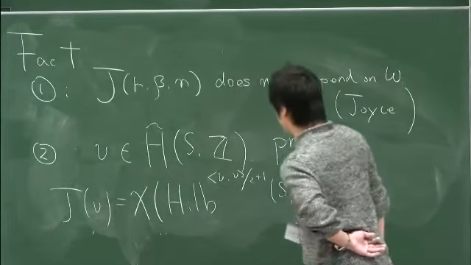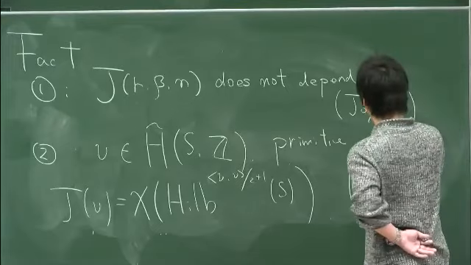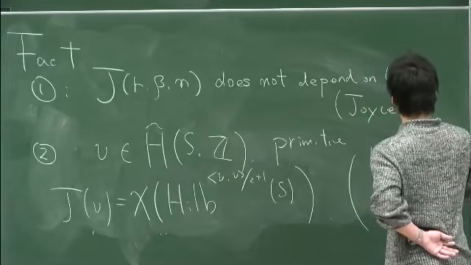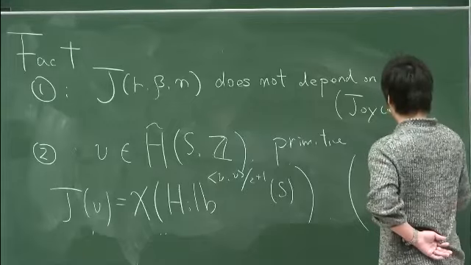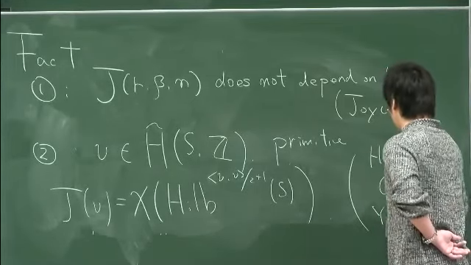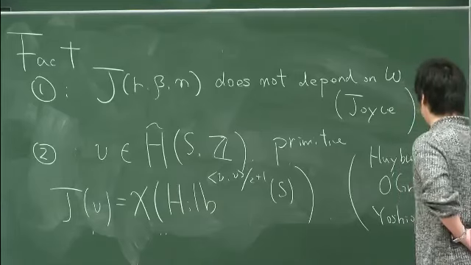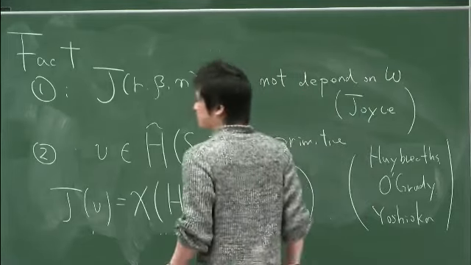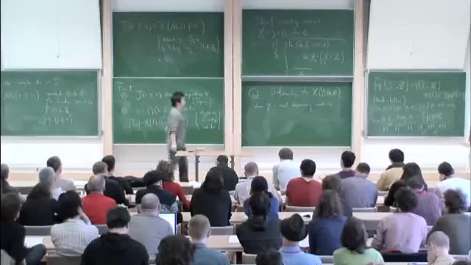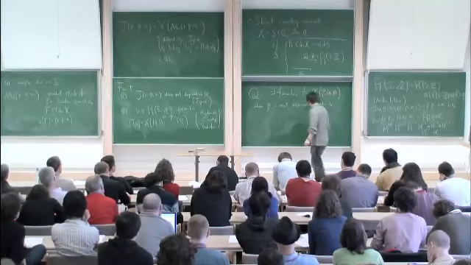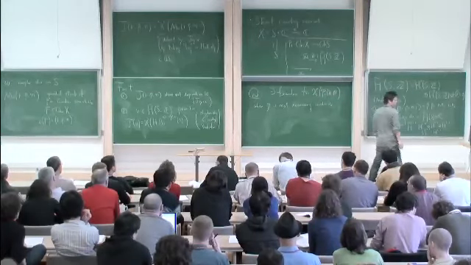This equality was studied by many people, maybe Huybrechts, O'Grady, and Yoshioka. And also, the Euler characteristic of the Hilbert scheme of points on a K3 surface is also explicitly studied.